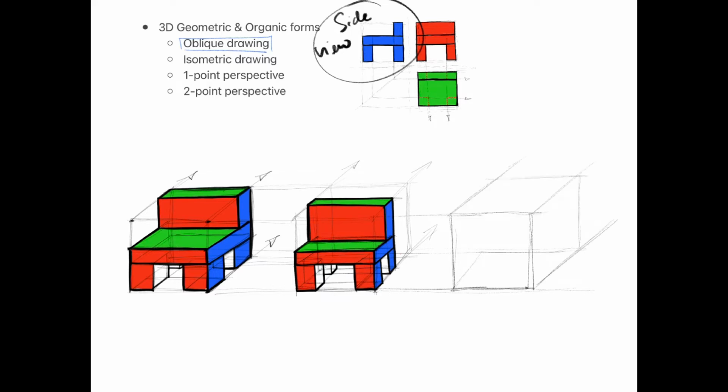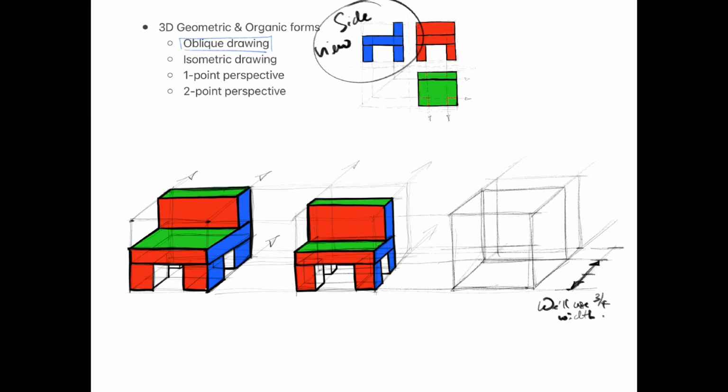This example, we use the side view of the chair to project our oblique lines. And we'll use 3/4 of the width instead of half.